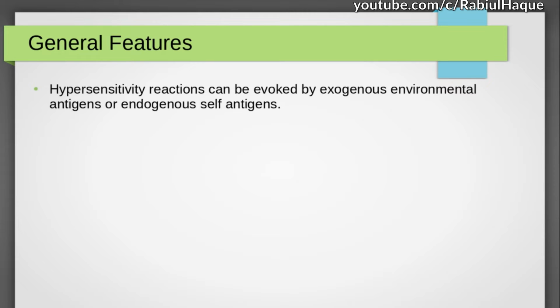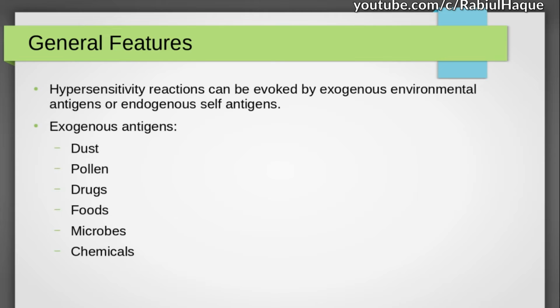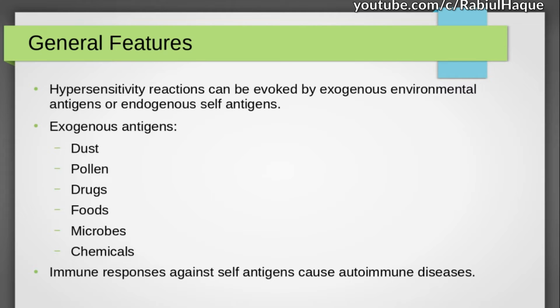Examples of exogenous antigens will include antigens that are present in dust, pollen, drugs, foods, microbes, or chemicals. And always remember, immune response may also occur against endogenous self-antigens, and that is also referred as autoimmune disease, and we will talk about that in details in another lecture on autoimmune disease.